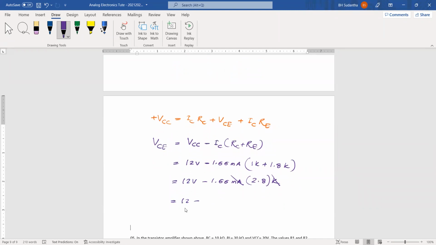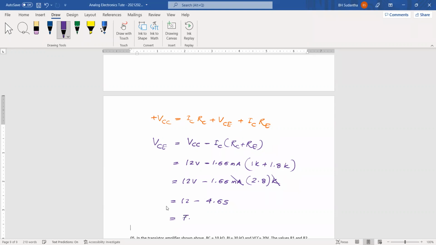Then 12 minus 1.66 into 2.8, that is 4.65.